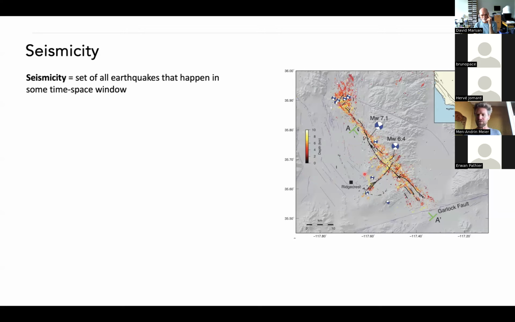I want to start with the question, why do we care about these small quakes? I mean, they don't cause any damage. They're not directly hazard relevant. Why are we interested in seismicity? So is that a question, Men-Andrin? This is a question to the students, yes. Okay.